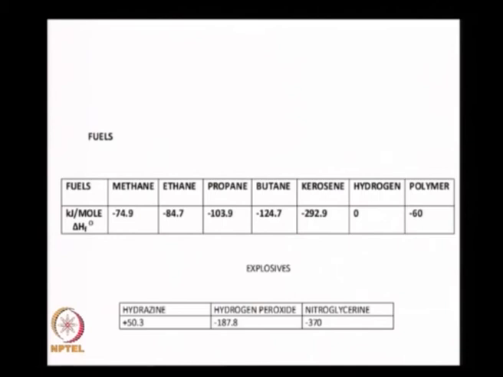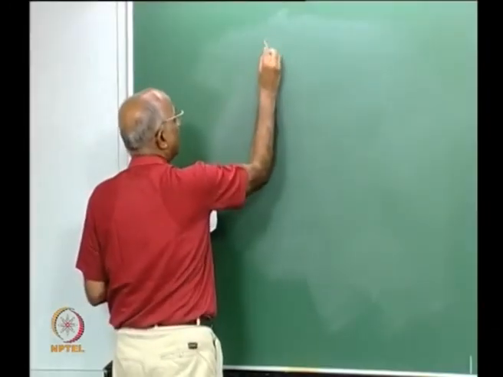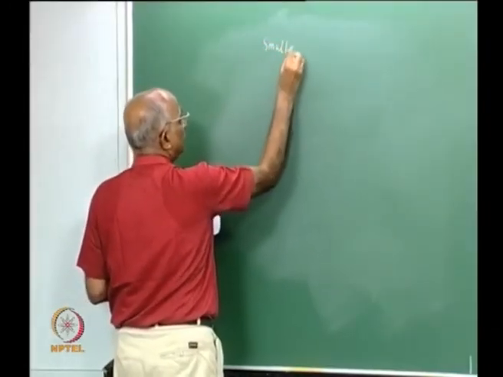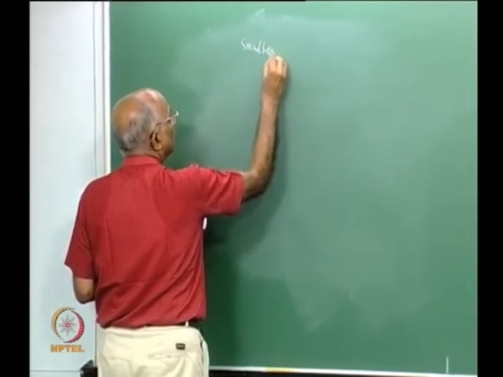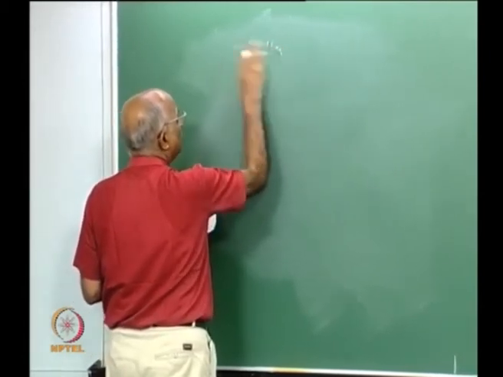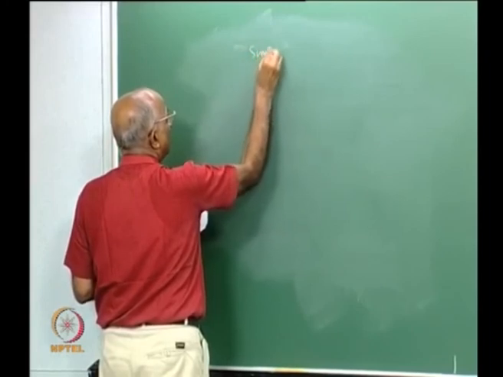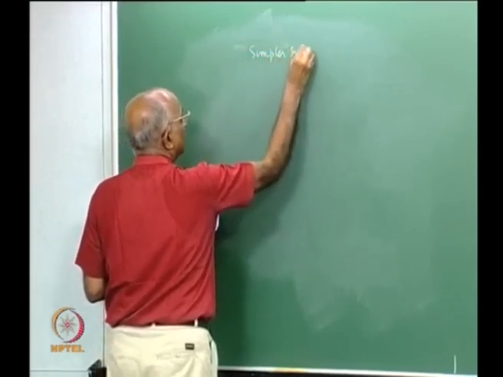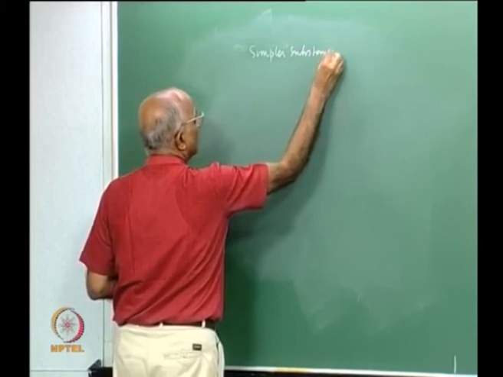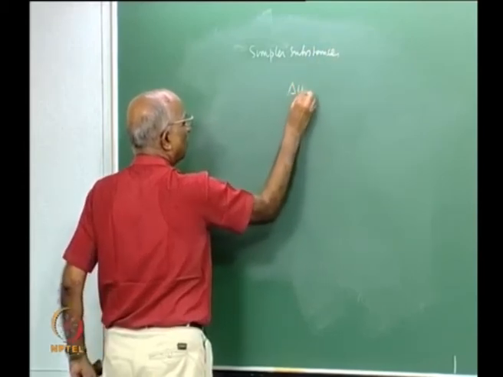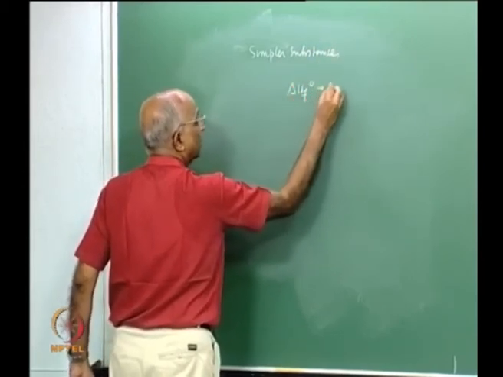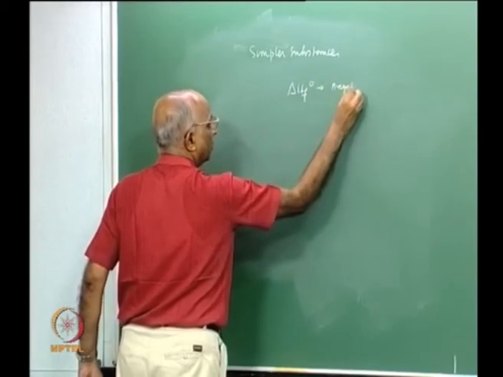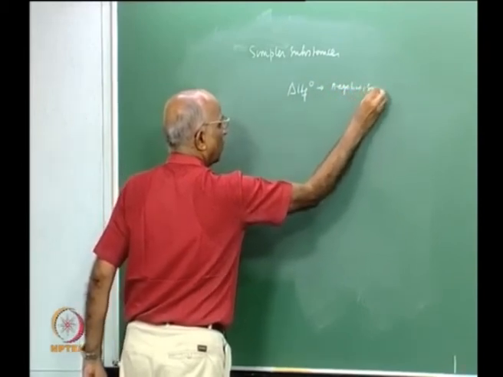Therefore, let us now tell ourselves, we find that for simple substances the heat of formation is smaller and negative, that is, for smaller or simpler substances the value of heat of formation is negative and small.